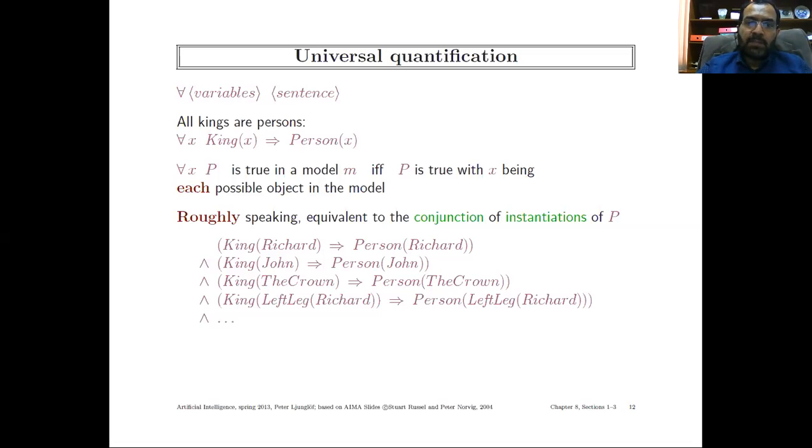That sentence represents the conjunction of all the instantiations of the given P in a model or a situation. That is called the universal quantifier.